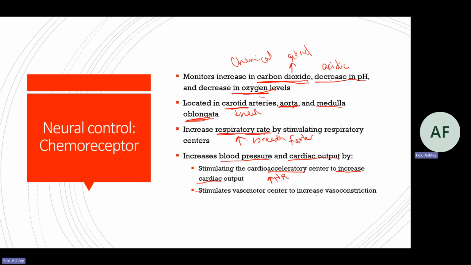It also increases vasoconstriction. So yes, this is decreasing blood flow. But if we're decreasing blood flow even further to our capillaries, we're allowing even more time for exchange. So we can get more hydrogen ions out, get rid of more carbon dioxide, and we can deliver more oxygen.